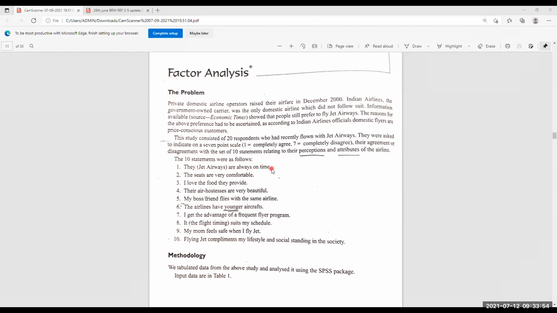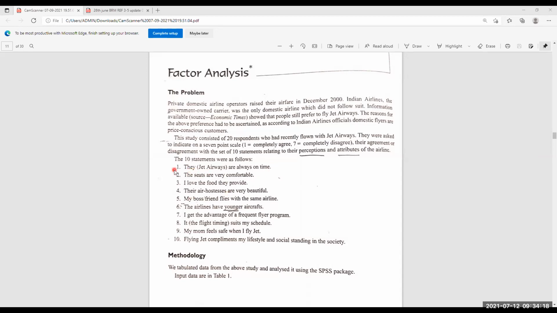So 1 would be completely agree, 2nd would be agree, 3rd slightly agree, 4th would be a neutral point, 5th slightly disagree, 6th disagree, and then the 7th point would be completely disagree. So it's a 1 to 7 scale.